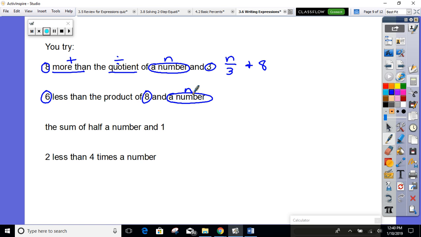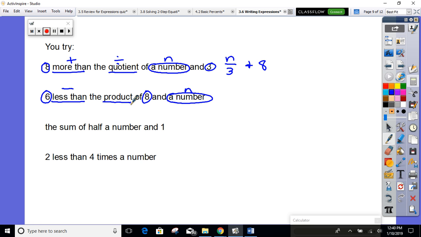Jocelyn, what words up there tell us what to do? Okay, less than. What do we do when it says less than? Okay, what else up there? Product. And what does that tell us to do? What's that? No, adding is finding the sum.